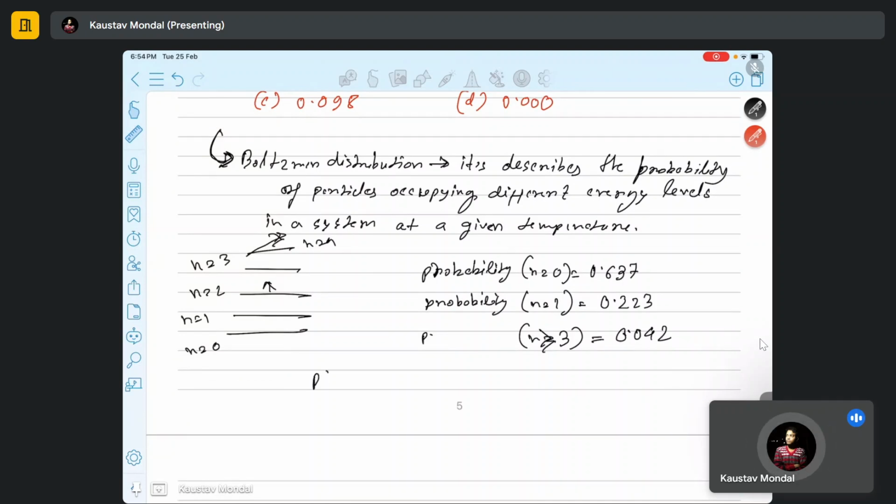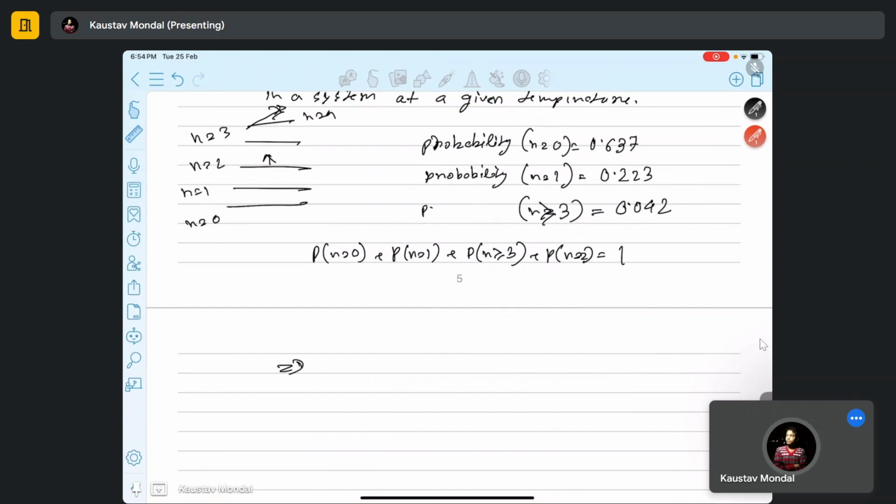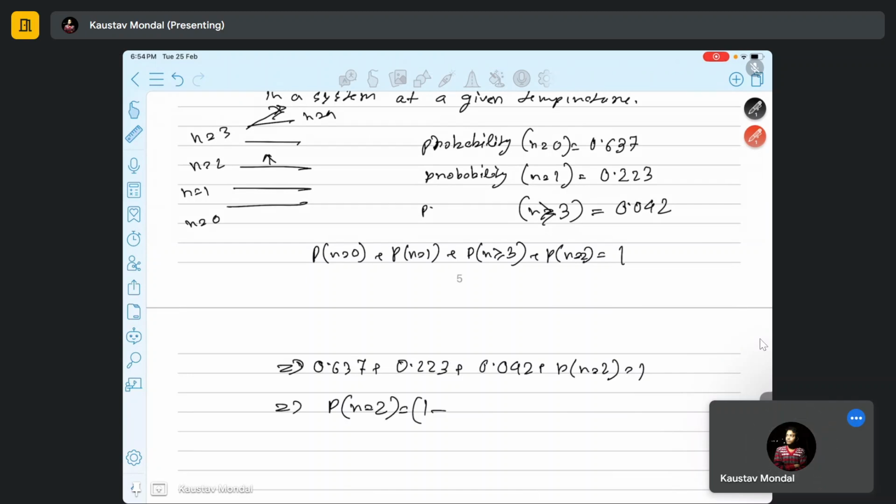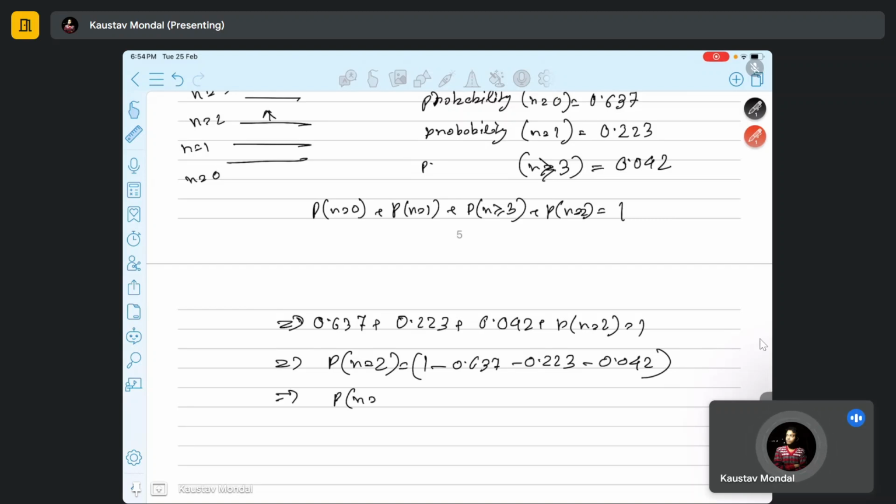So P of n equal to 0 plus P of n equal to 1 plus P of n greater than or equal to 3 plus P of n equal to 2 is simply equal to 1, and all the individual probabilities apart from n equal to 2 are already given. So 1 minus 0.637 minus 0.223 minus 0.042 gives 1 minus 0.902, which is 0.098.